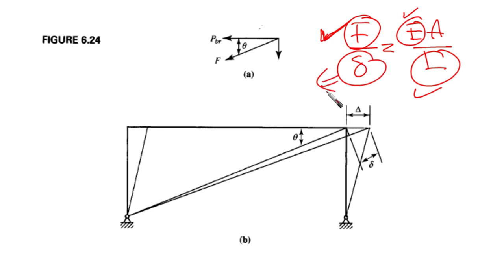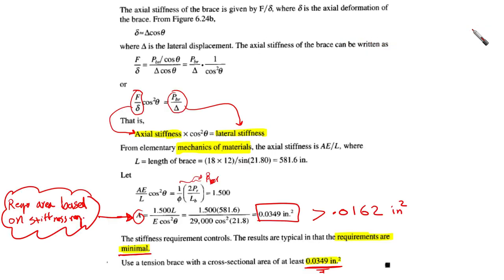Delta we are going to calculate from this beta BR and the other information that we have. From this equation we can obtain A, which is the area required to fulfill the minimum stiffness requirement.